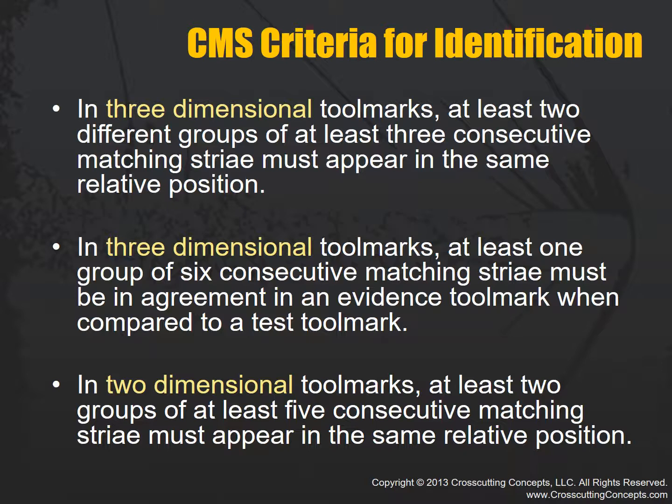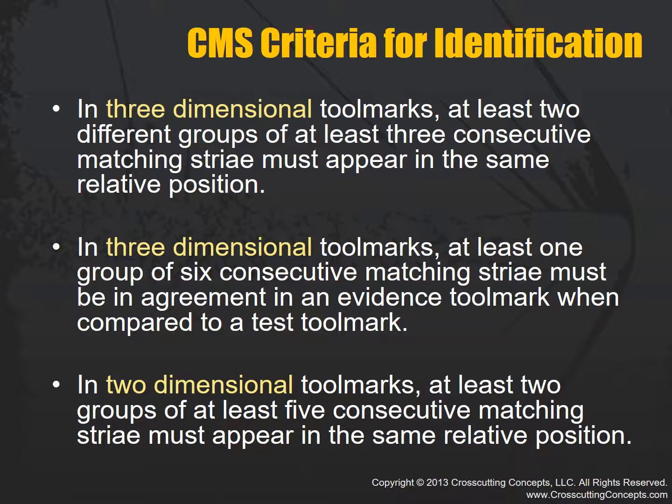All right, so criteria for identification: in three-dimensional tool marks, at least two different groups of at least 3 consecutive matching striae must appear in the same relative position. In three-dimensional tool marks, at least one group of 6 matching striae must be in agreement in an evidence tool mark when compared to a test.